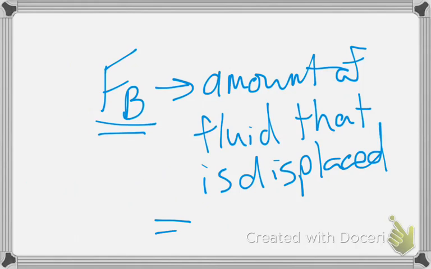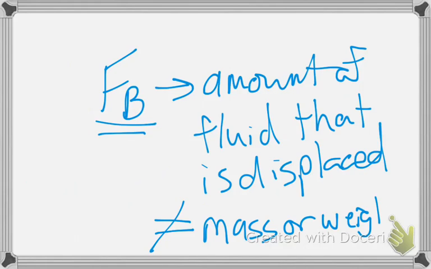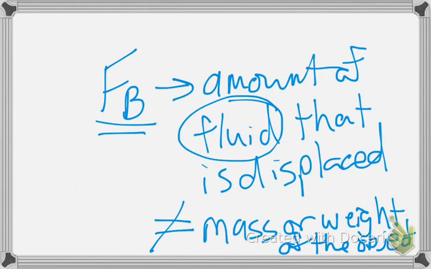It does not depend on the mass or weight of the object itself. It has everything to do with what kind of fluid you have and how much of it is being displaced.